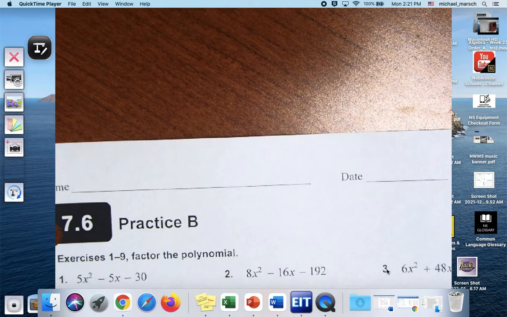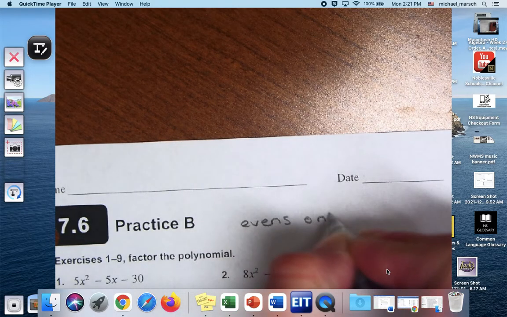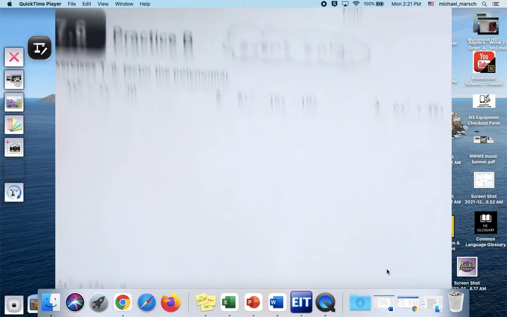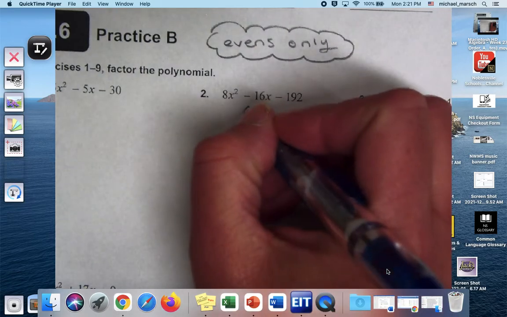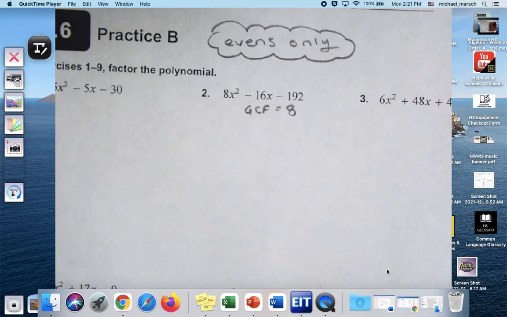Okay, I just want you guys to do the evens only. Evens only. Let's work through a couple of these, like just get you started on a couple of these. Number 2. What will be my greatest common factor? 8. All right, number 4.